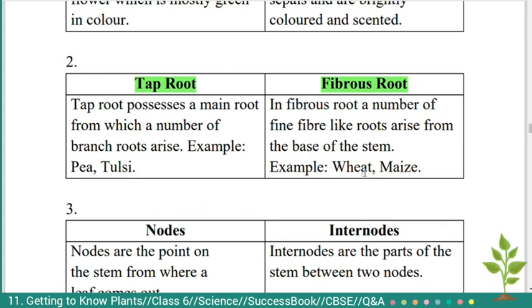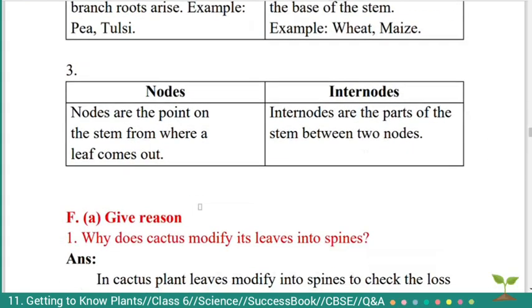Example, wheat and maize. Third difference, nodes and internodes. What are nodes? Nodes are the points on the stem from where a leaf comes out. Internodes are the parts of the stem between two nodes.